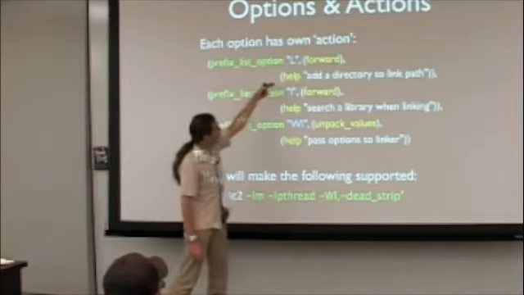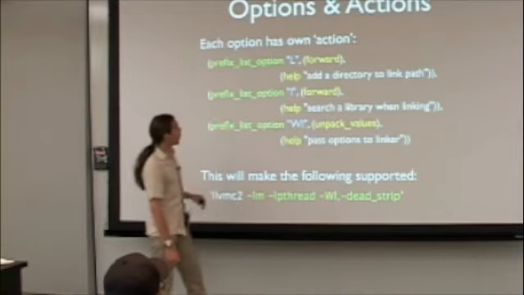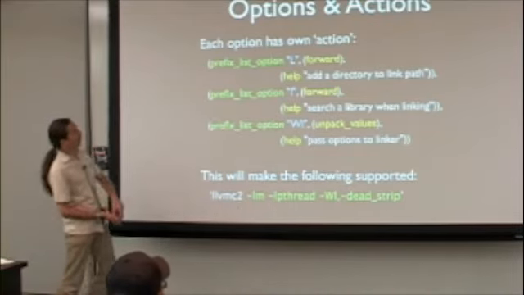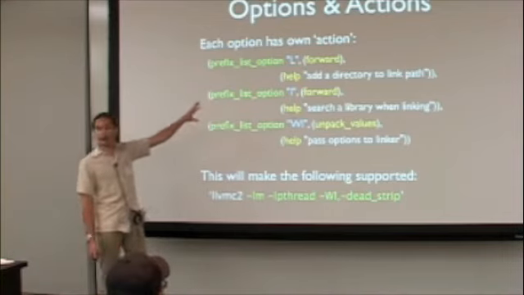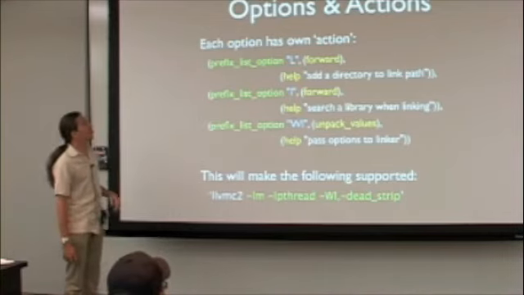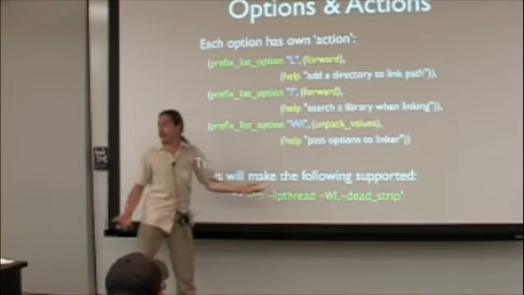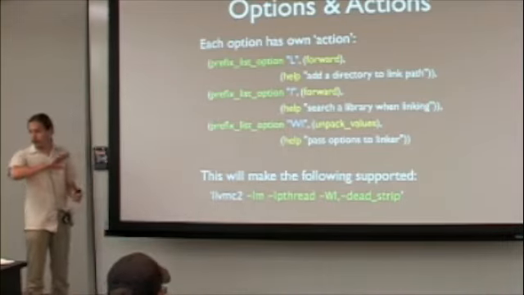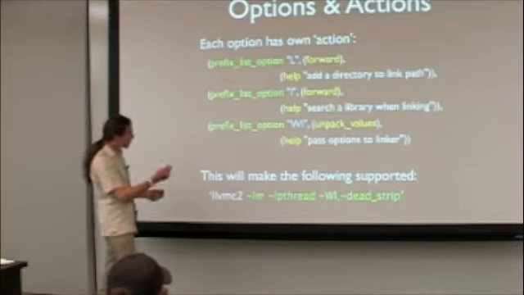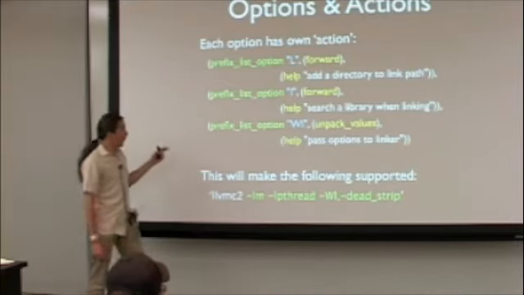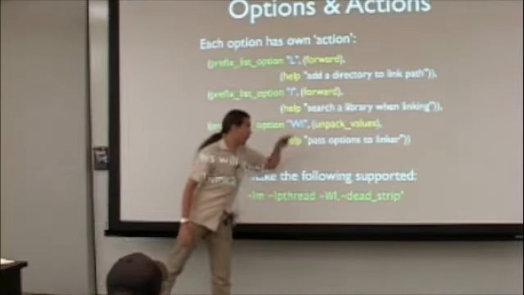And we also define the help string for this option. In this example we have two possible variants of actions. The forward action is pretty simple. We just need to forward this option as is to the tool. Another variant is unpack values.